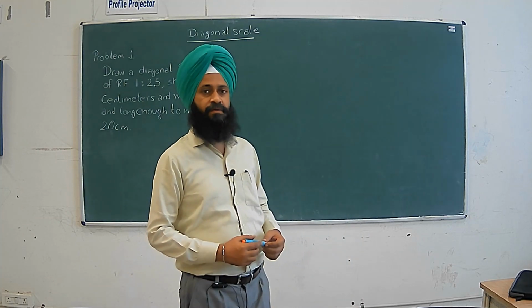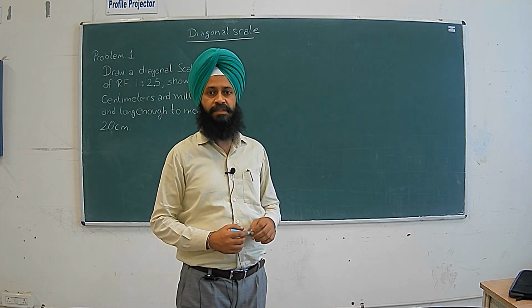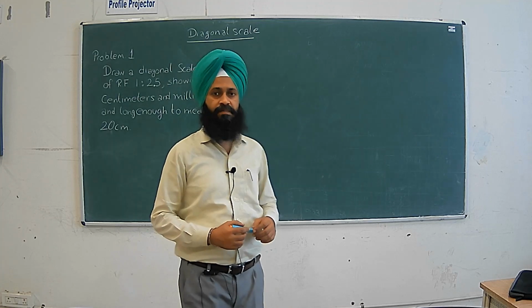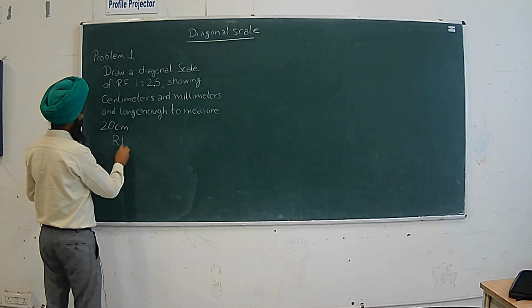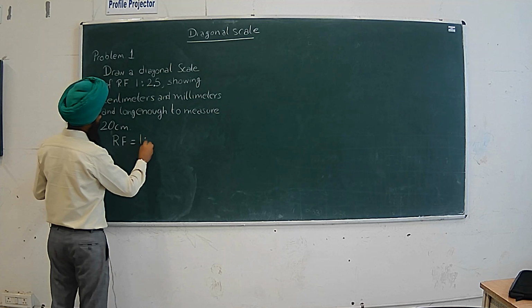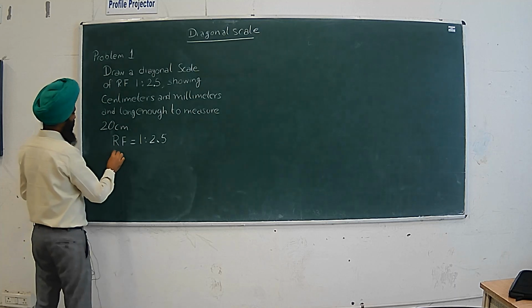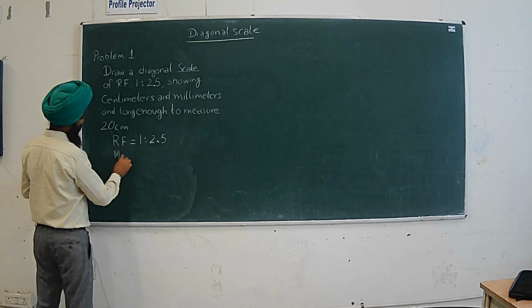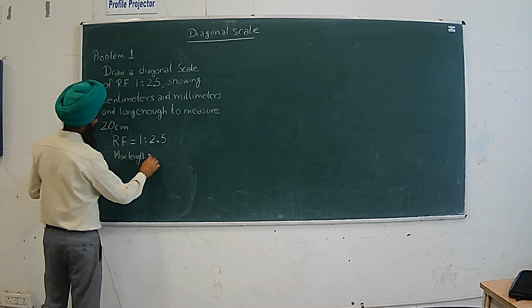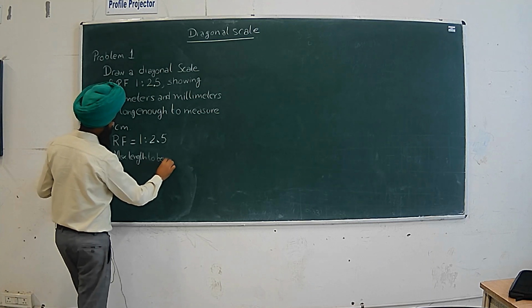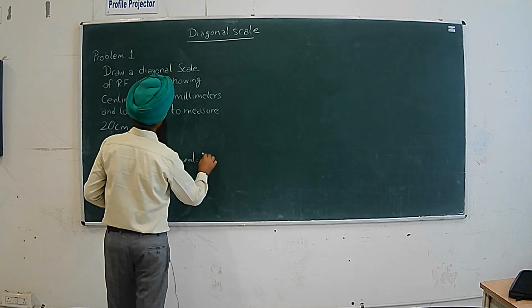We will start with RF. We will find the length of scale by using the maximum length to be measured for drawing the scale. So RF is given, 1 is to 2.5. Maximum length to be measured is 20 centimeter.